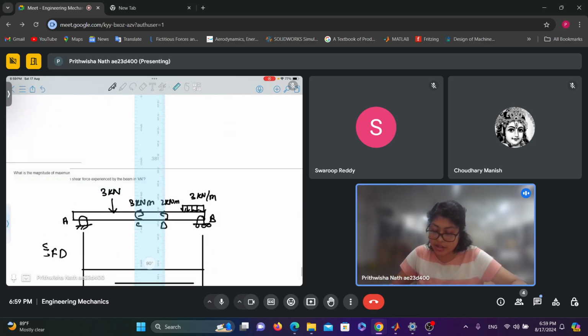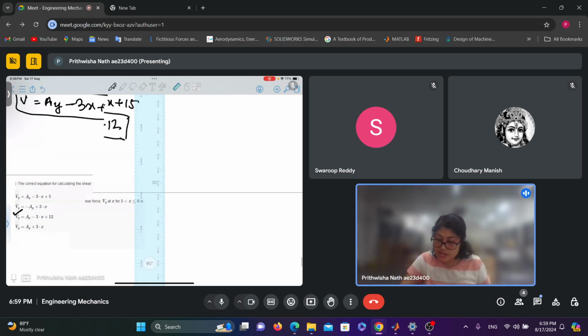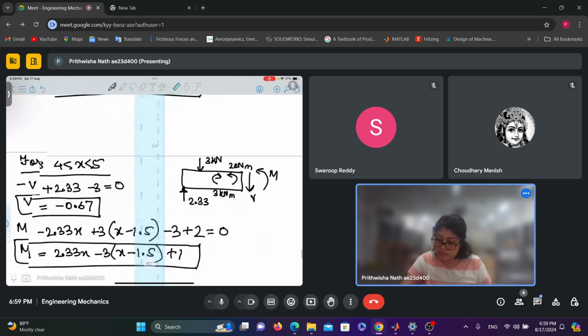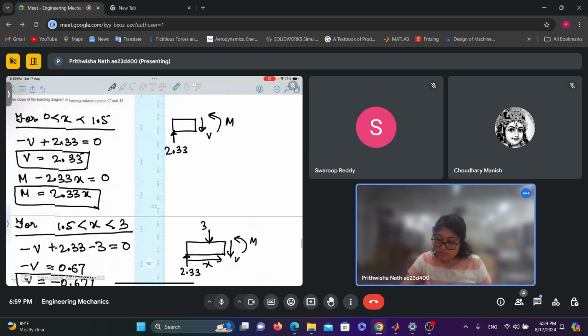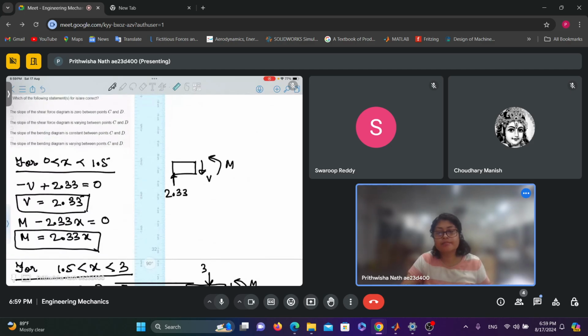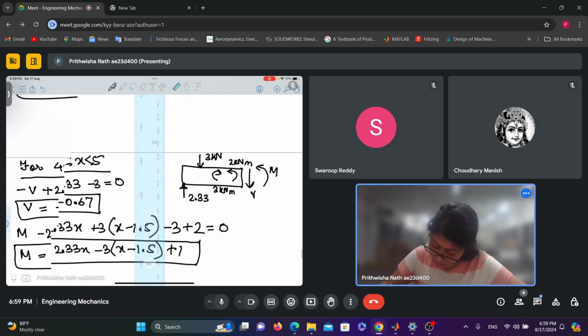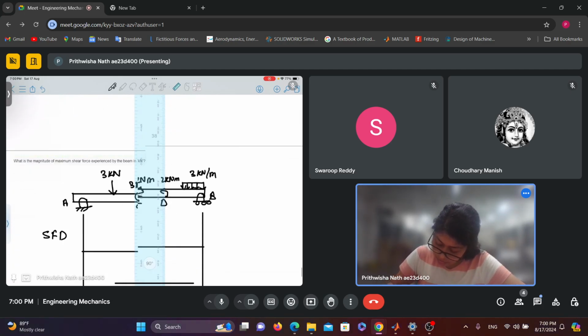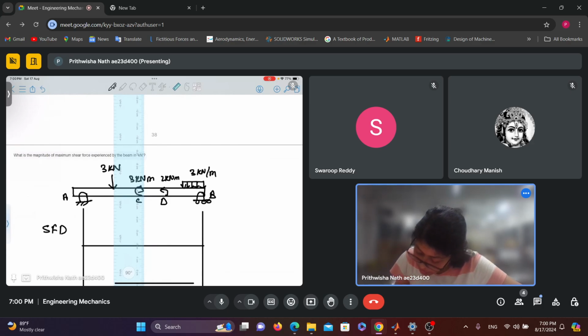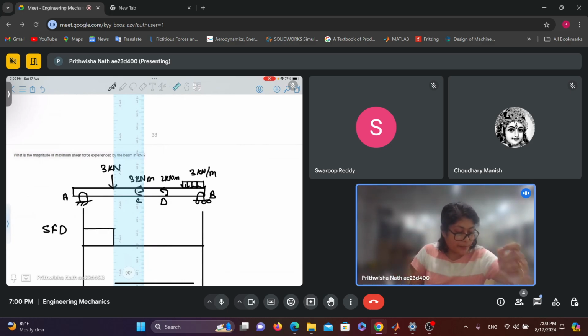For the first region, what was the value for V? It is 2.33, right? So up till this point it is 2.33.